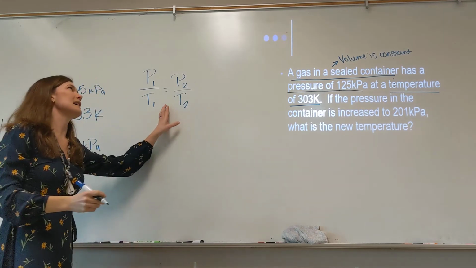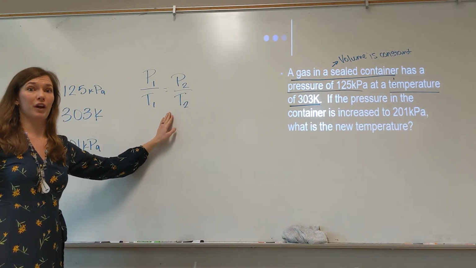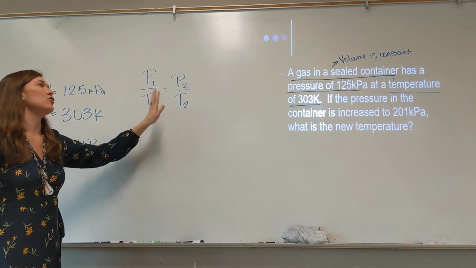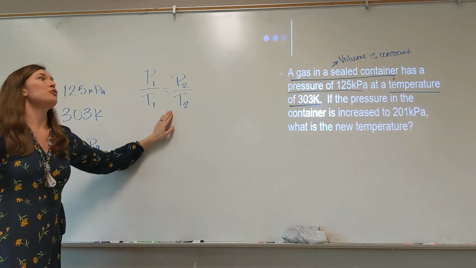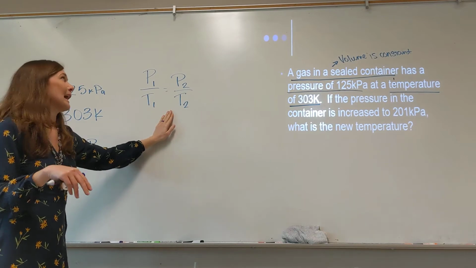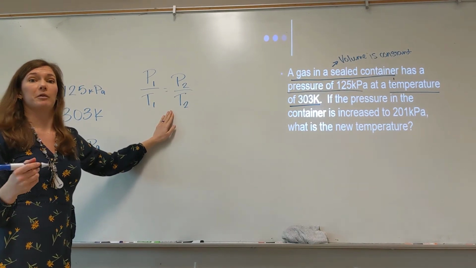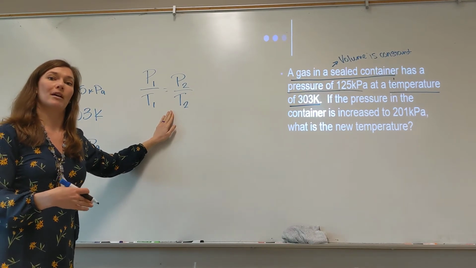This is a similar setup to the second problem on my Charles law video. I like to solve these using cross multiplication. There's another way if you want to go back and watch that on my Charles law video.